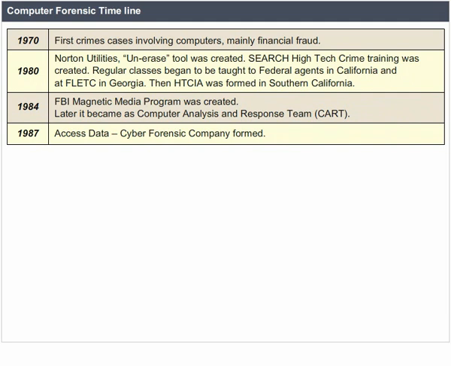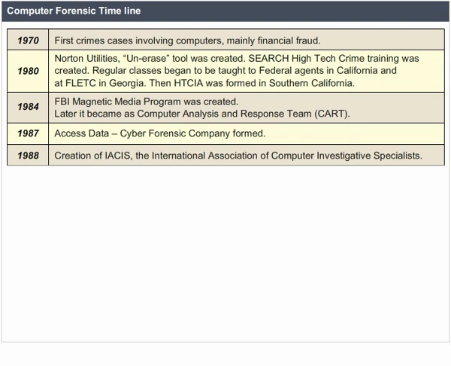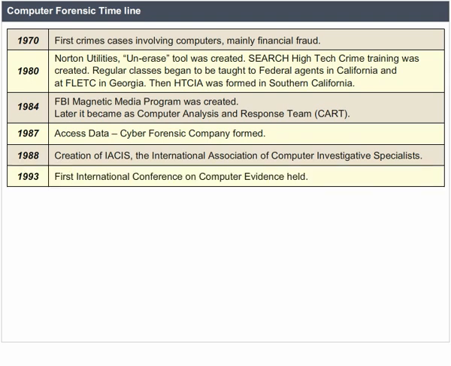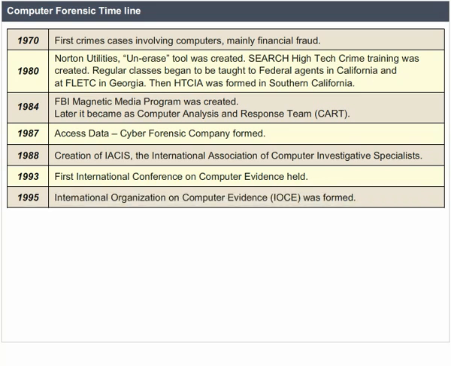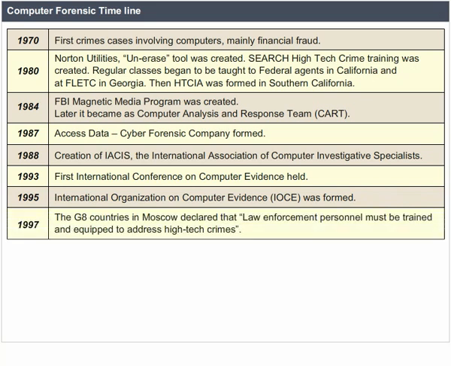1987: AccessData, a cyber forensic company, formed. 1988: creation of IACIS, the International Association of Computer Investigative Specialists. In 1993, the first International Conference on Computer Evidence was held. 1995: International Organization on Computer Evidence was formed. 1997: the G8 countries in Moscow declared that law enforcement personnel must be trained and equipped to address high-tech crimes.